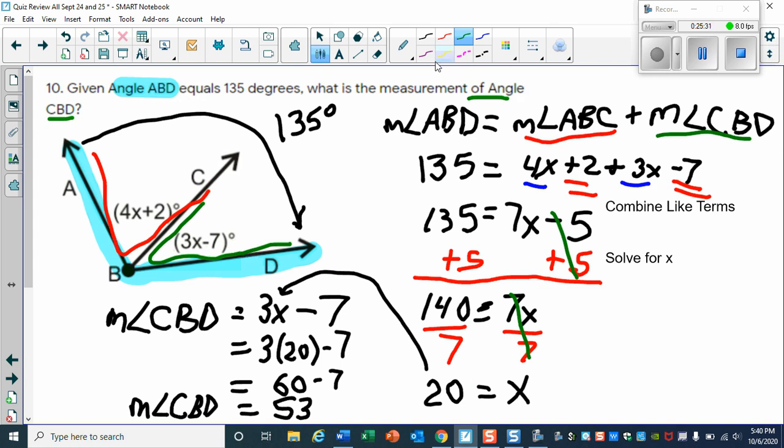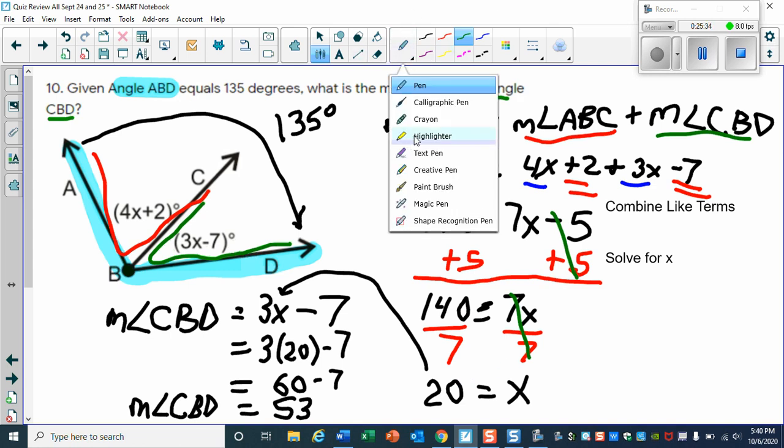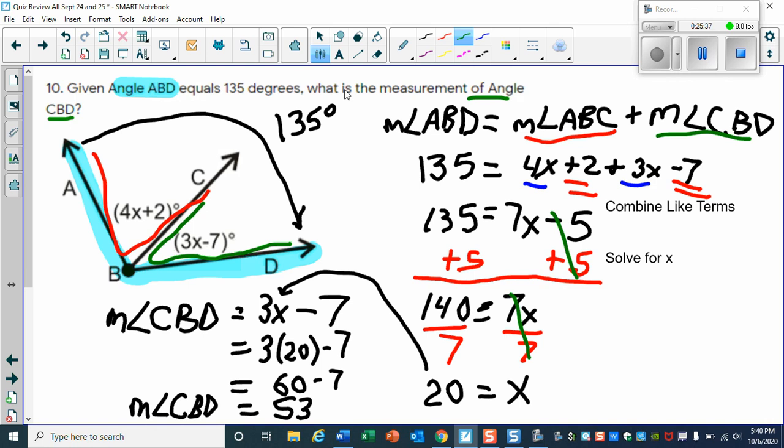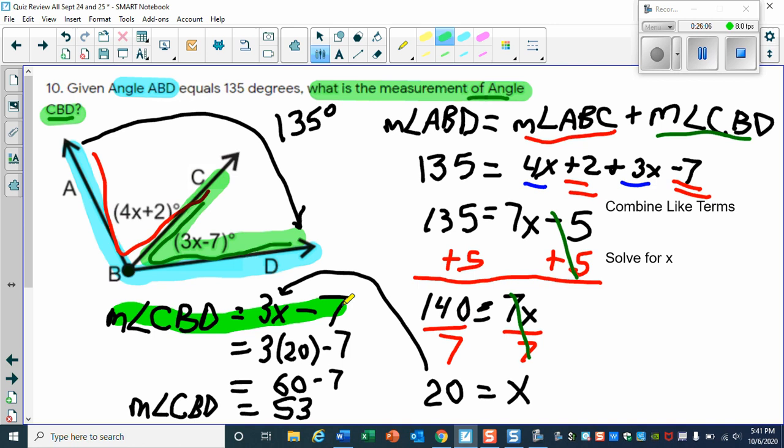We're not finished. Unlike before, we want the value of angle CBD. They don't want just x. We want the measurement of angle CBD. That's what we're trying to find. Well, the measure of CBD is 3x minus 7. So now you substitute 20 for x.